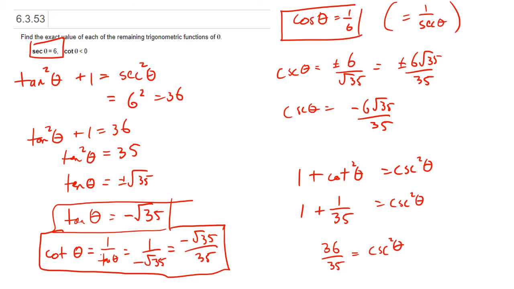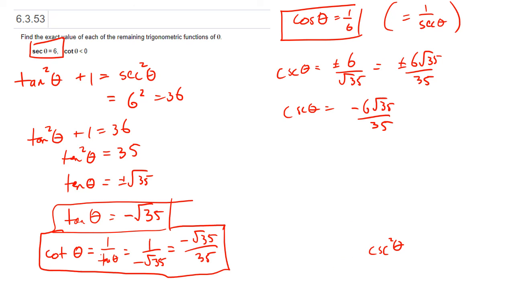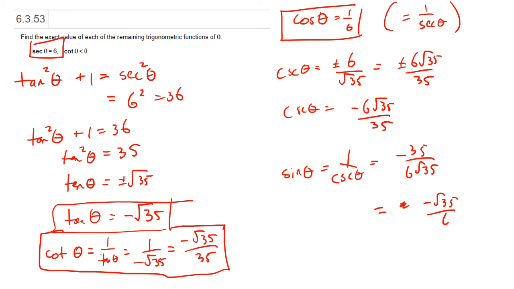And then finally, the sine of theta is 1 over the cosecant, or negative 35 over 6 root 35. Simplifying that fraction back down gives me negative root 35 over 6.